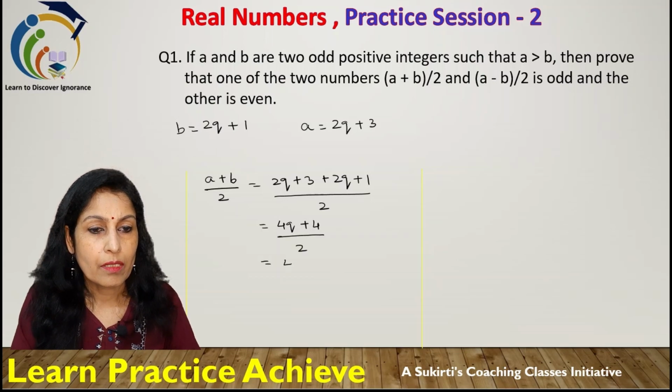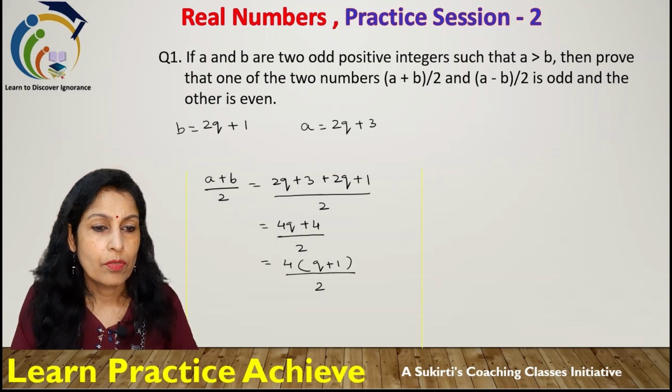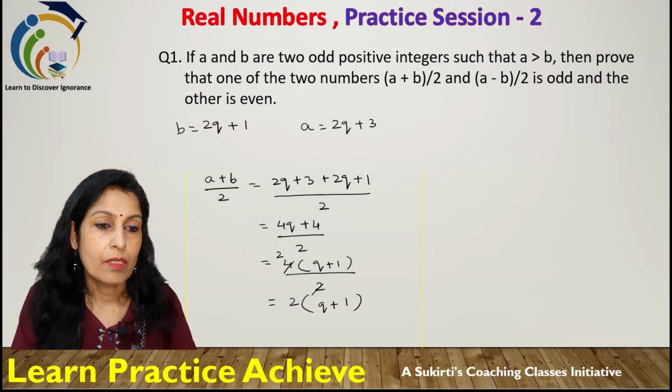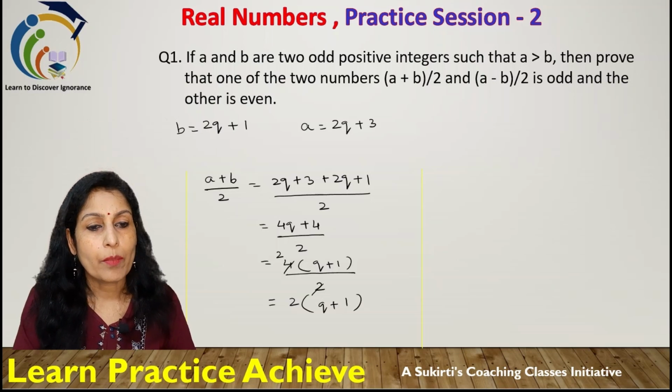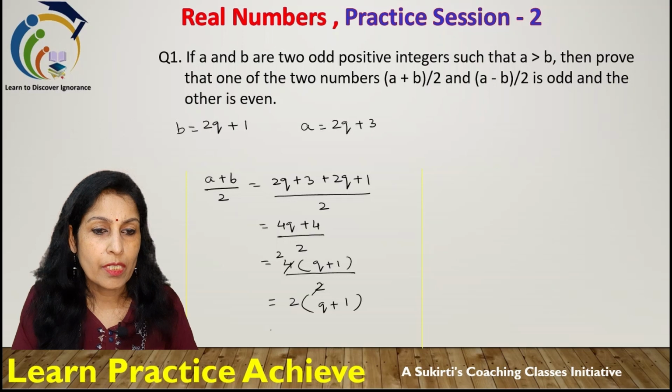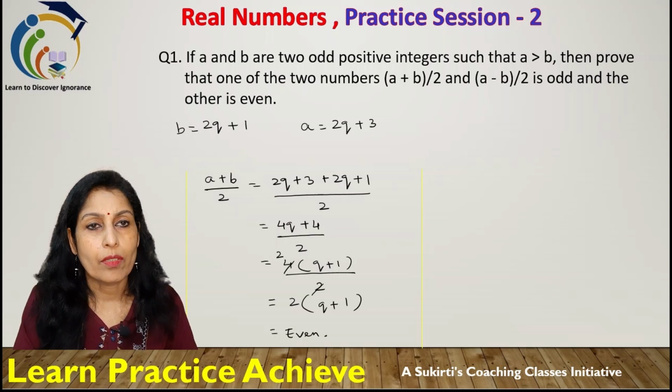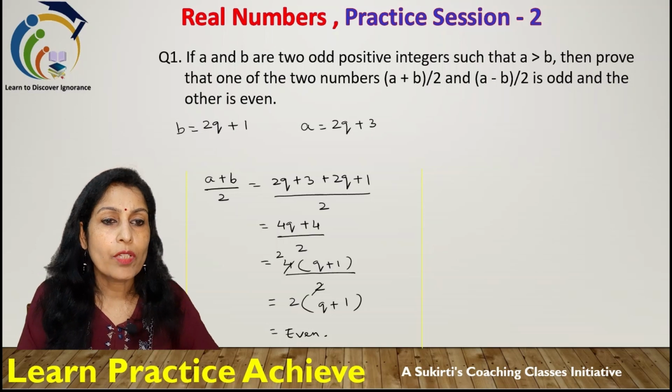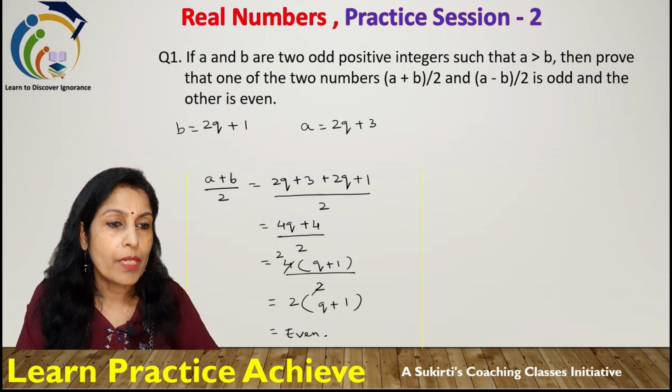Then by taking 4 as common, 4(q plus 1)/2. Now 2 and 4 you can cancel. So this is equal to 2 into (q plus 1). If any number is multiplied by 2, it is an even number. Clear?